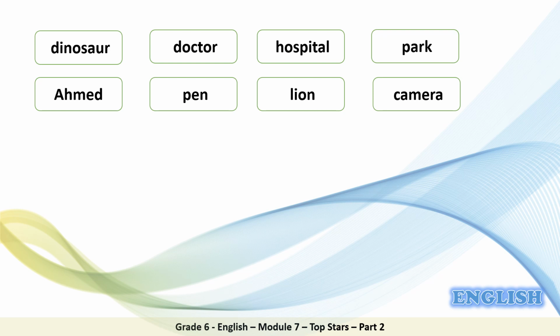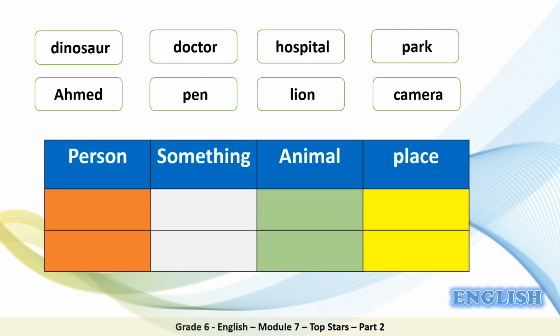Correct. They are names. Now we want to classify these names, to put these names under the correct column. We have names of person, names of something, names of animals, and names of places.